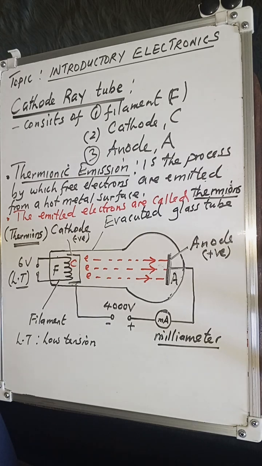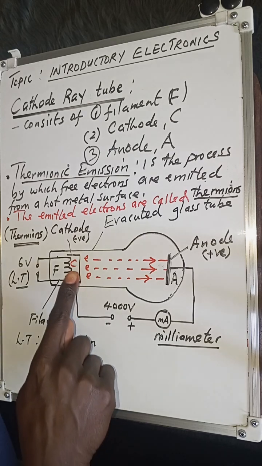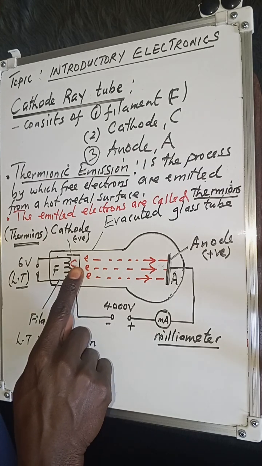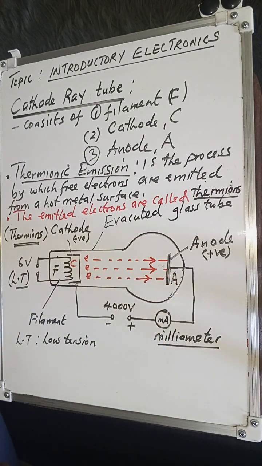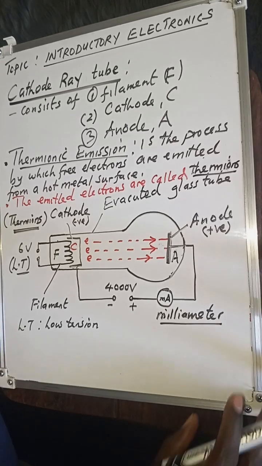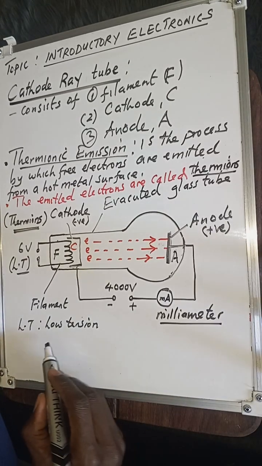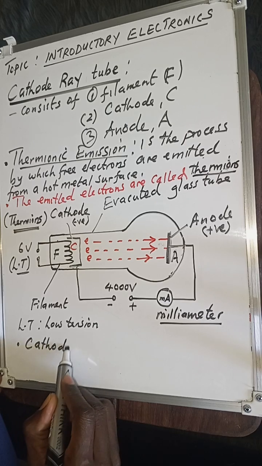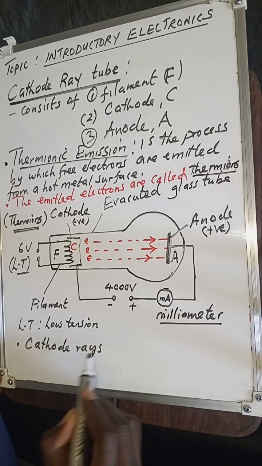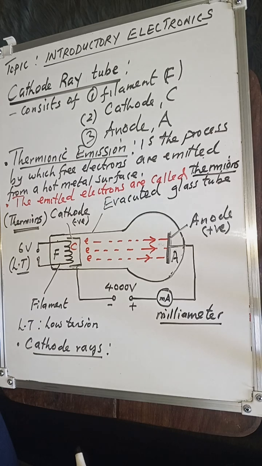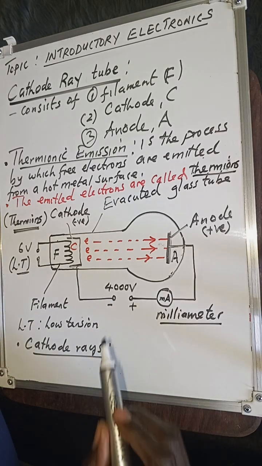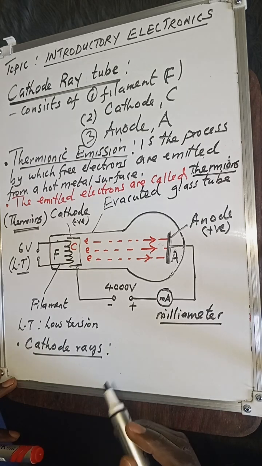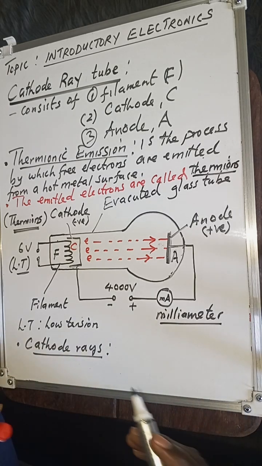Now, one notable thing that you need to remember is that the movement of these free electrons from the cathode to the anode is what we simply call cathode rays. So we are going to talk about cathode rays. They can ask you, what are cathode rays? I will give you two definitions, you can pick whichever you want.